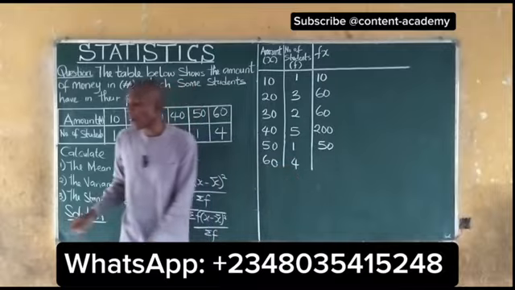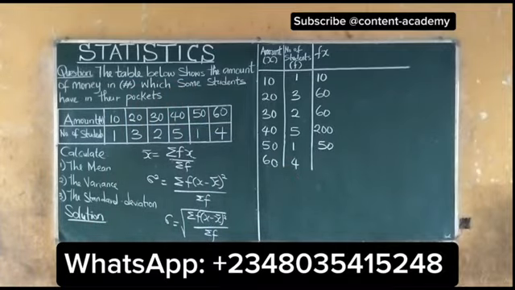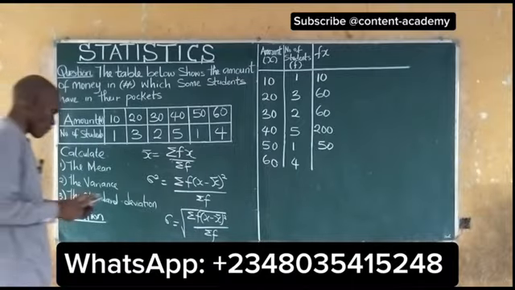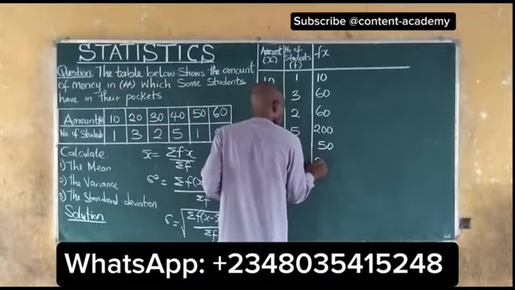And 60 multiplied by 4 is the last we have on that list there, we have 240.